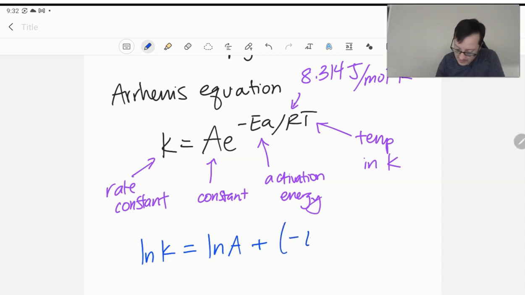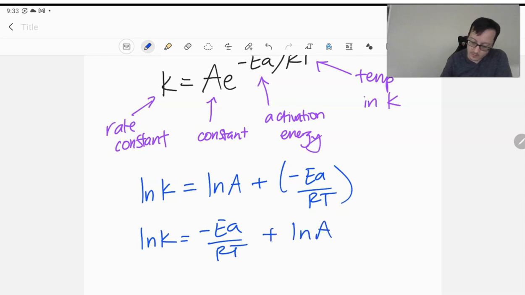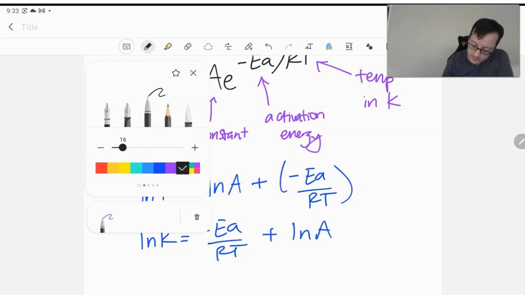So we will have this component here, negative EA over RT. And if we go ahead and do some tweaking around, we can rearrange this equation, plus ln A.